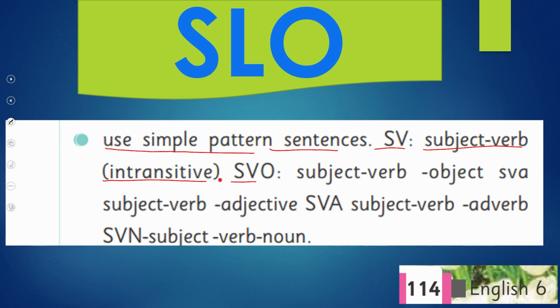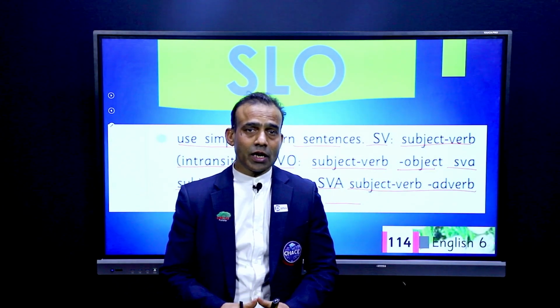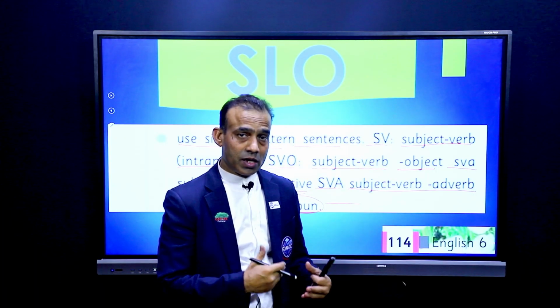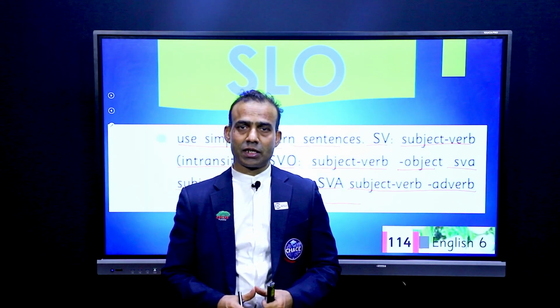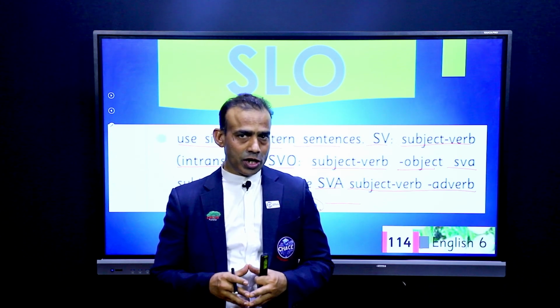The next pattern is subject verb object. And next one is SVA, subject verb adjective, SVA subject verb adverb, and the last one is SVN, subject verb noun. So this is the SLO, and this SLO has introduced these simple sentence patterns. Now let's move and discuss it in detail.